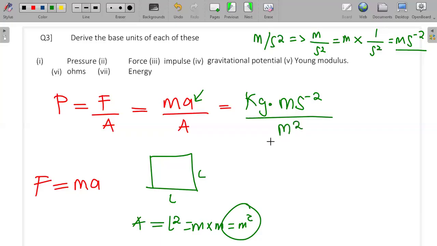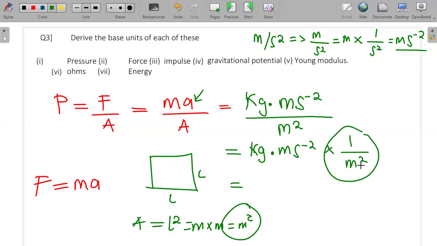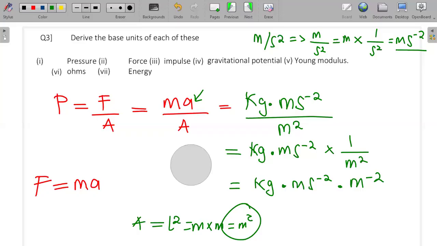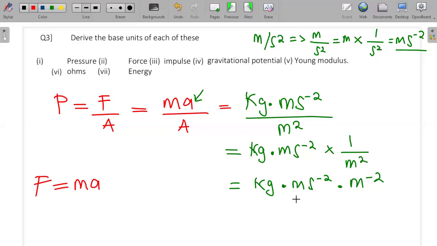m squared. And then this one, I'll just write it as kg multiplied by m s to the power minus 2, and then multiplied by 1 over m squared. It's still the same, right? I've just separated this so that it can go up and have a negative power. So it will be kg multiplied by m s to the power minus 2 multiplied by m to the power minus what? 2. Okay, so that is what we have there.